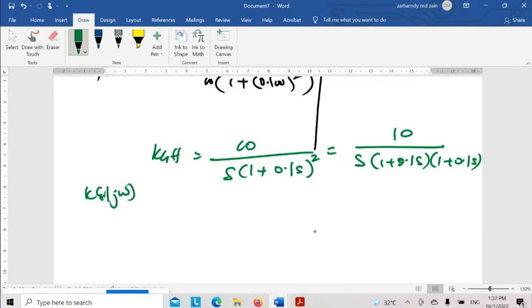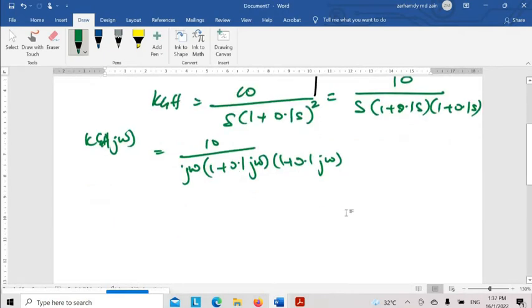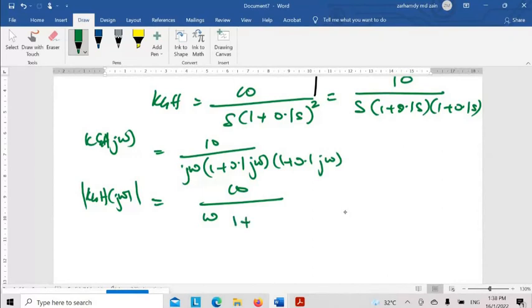Based on the frequency, we have j omega, 1 plus 0.1 j omega, 1 plus 0.1 j omega. Good. So based on our gain, we have omega and then 0.1 omega squared.